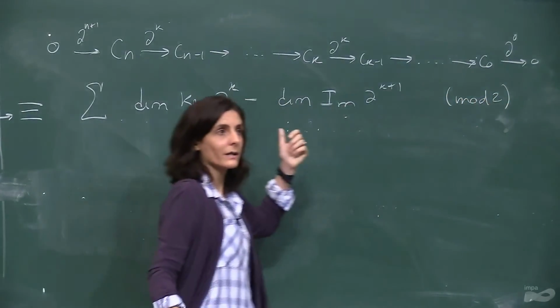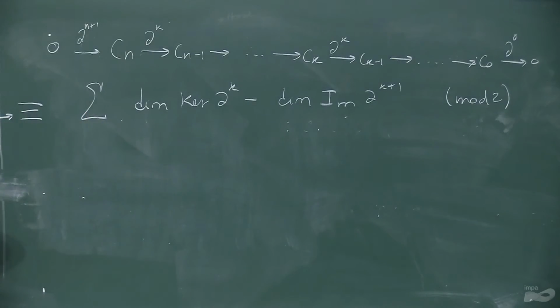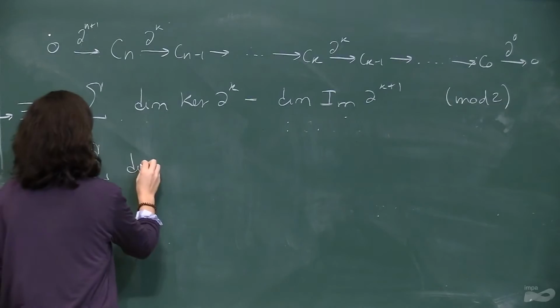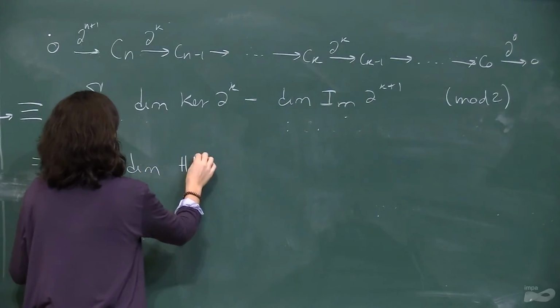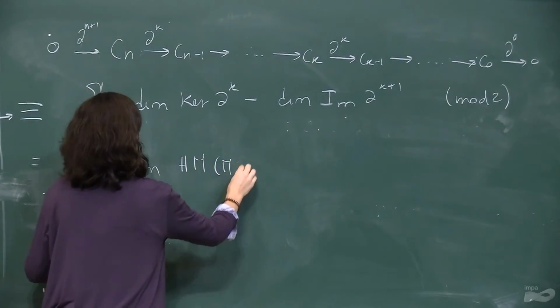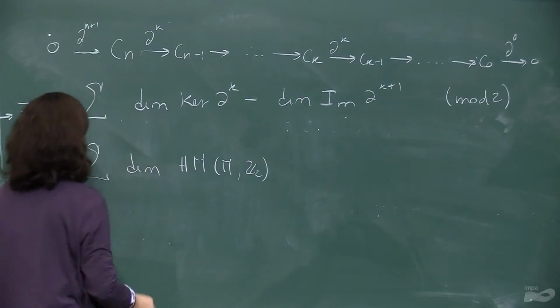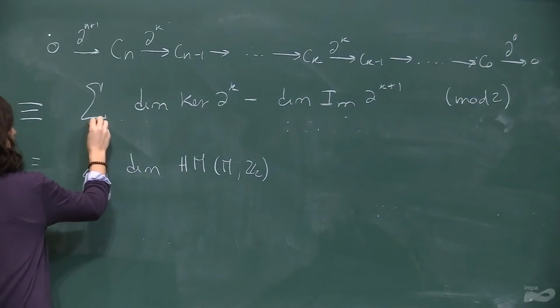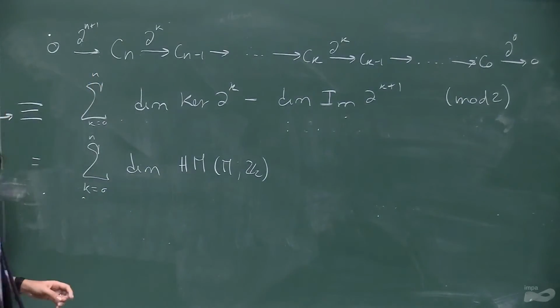But this is exactly the dimension of the Morse homology of M over Z2, with k running from 0 to n.